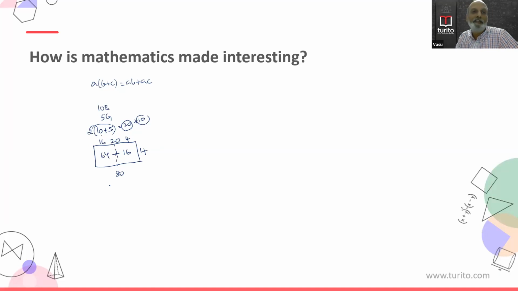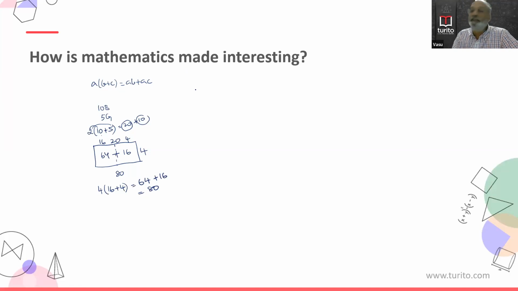So again, there is a distributive property here: 4 times (16 plus 4). 64 is the area of one and 16 is the area of the other. The total area is 80. This is how a theory or a concept must be introduced to a student so that he will understand better.